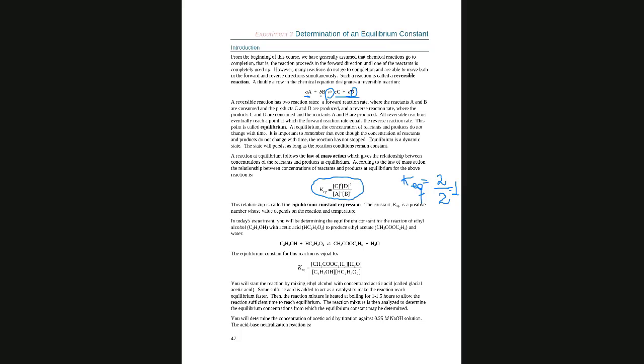So we have an equilibrium constant of 1. What happens if the numerator is 4 and the denominator is 2? 4 divided by 2 is 2.